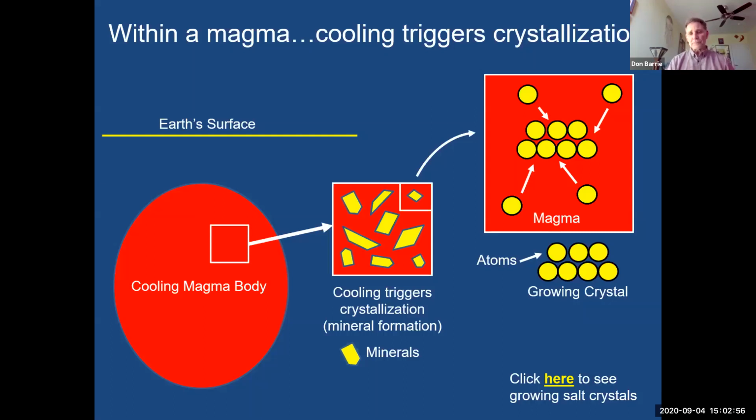cooling. And so at a certain point, if the magma cools over large amounts of time, thousands or tens of thousands of years, there's a long time available for Mother Nature to build big crystals. On the other hand, if this magma were to erupt at Earth's surface and become a lava, then the hot lava is in contact with the cold ground and perhaps the cold atmosphere, or even cold seawater if it's a submarine eruption.